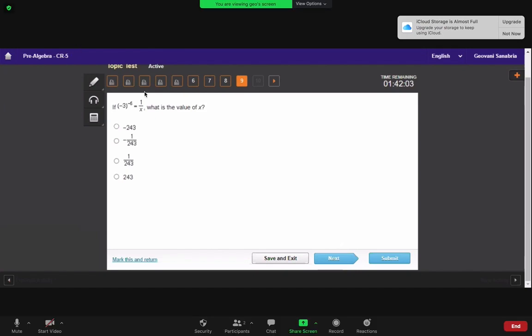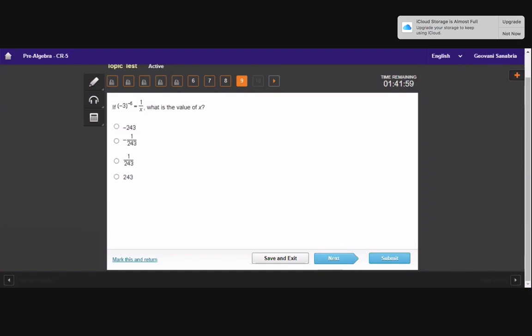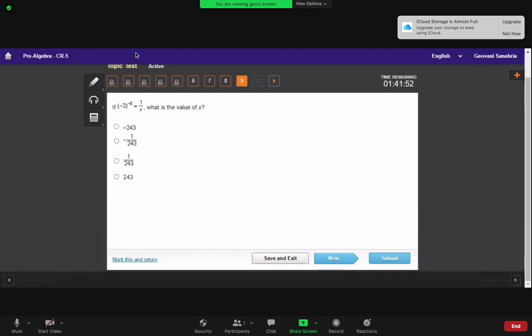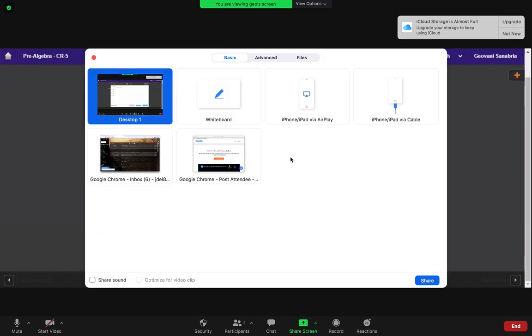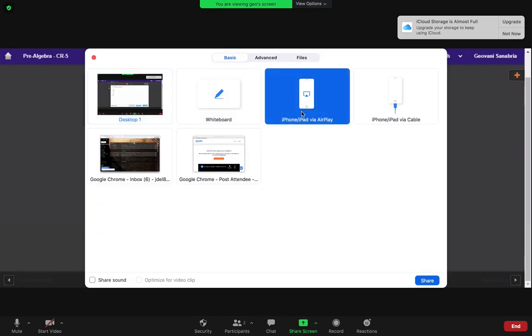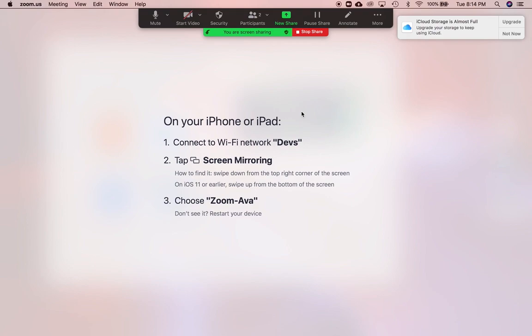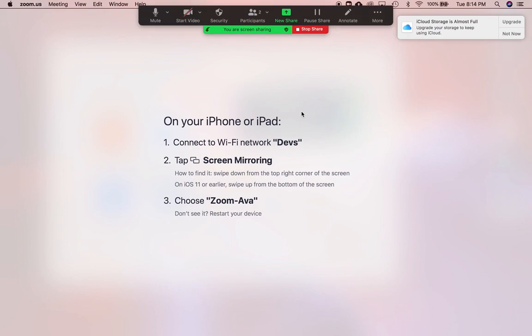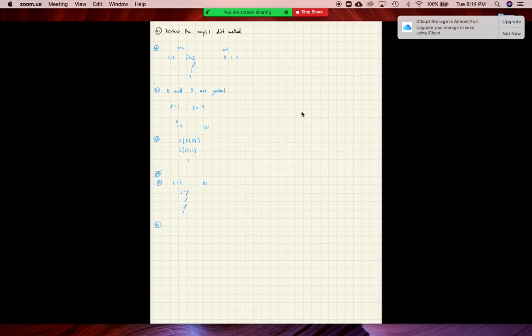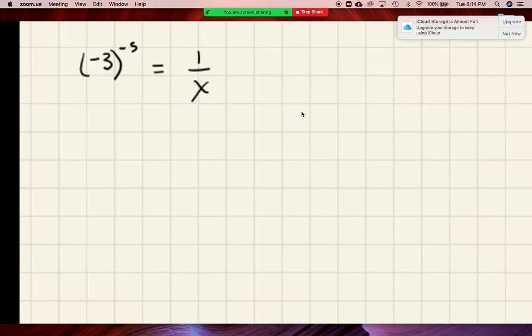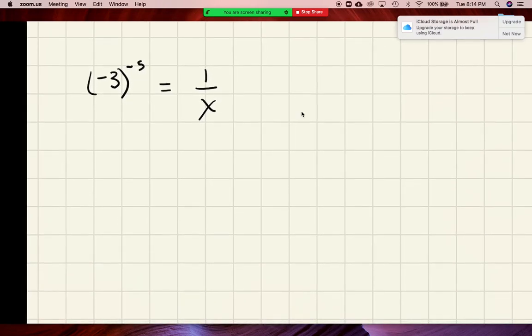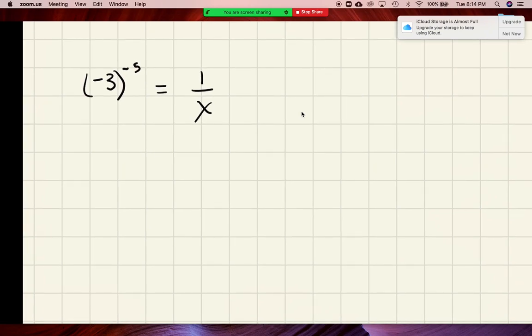Here, let me write it down and then I'll share mine. x to the -5 equals 1 over x to the 5. So there's two things that we could do.